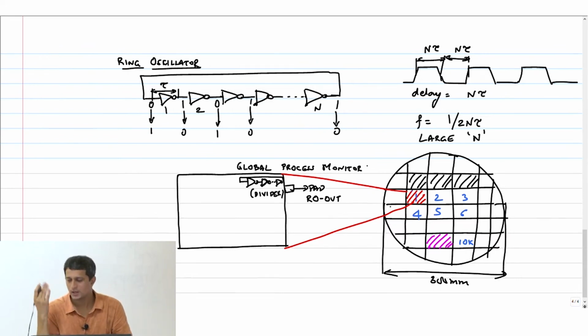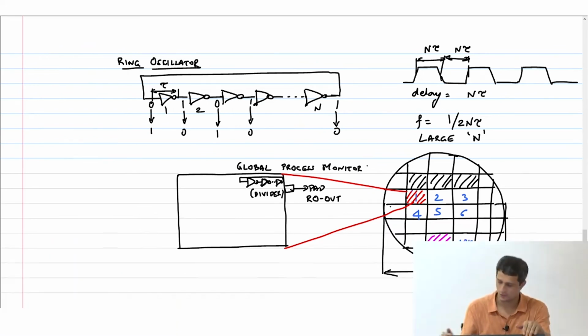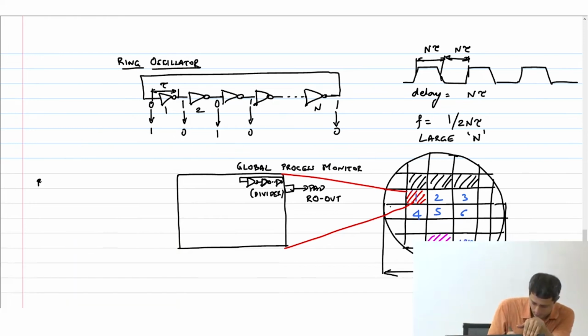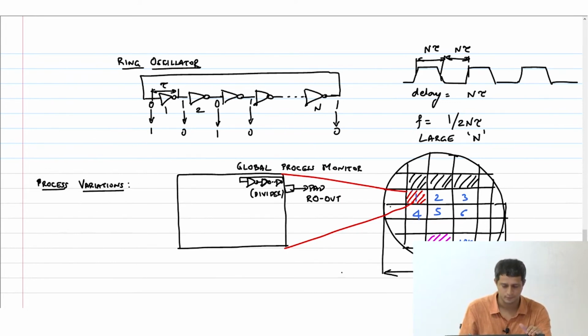Okay. So what is the origin of these variations first of all? Process variations.